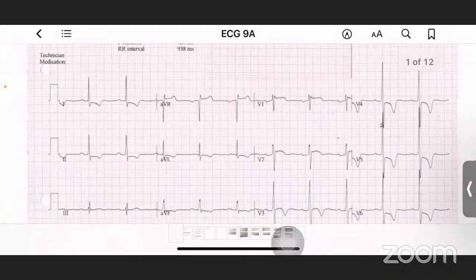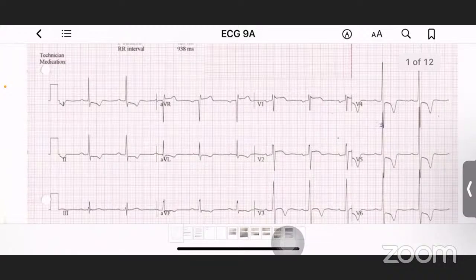V1, V2 plus V5 or V6. Because when you see carefully, this is standard calibration. Almost 7 squares if you take V2 plus V5 or V6. Okay, so there is LVH.